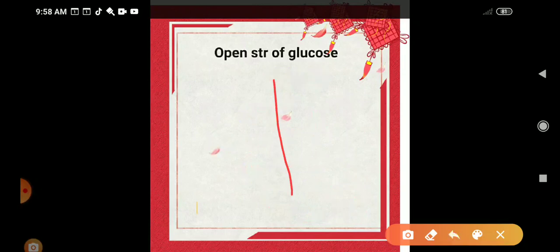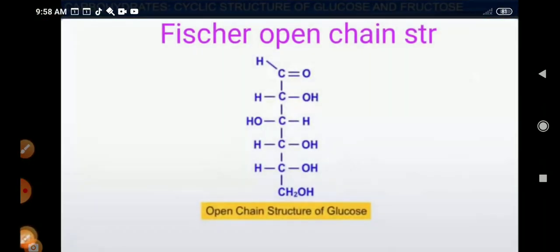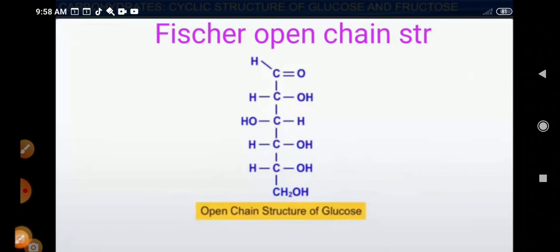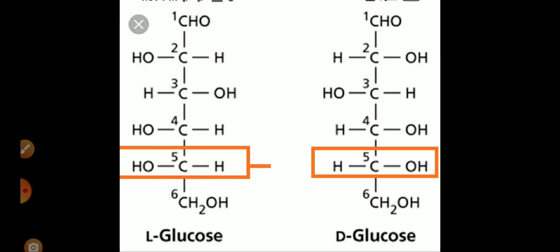So what we have learned about glucose is that it has 6 carbons, and all the 6 carbons are linked in a chain with one aldehyde group, that is the first carbon, and 4 secondary alcoholic groups, and one primary alcoholic group. This is the open chain structure of glucose. So we can check the structure of L-glucose and D-glucose. What is the difference in these two structures?